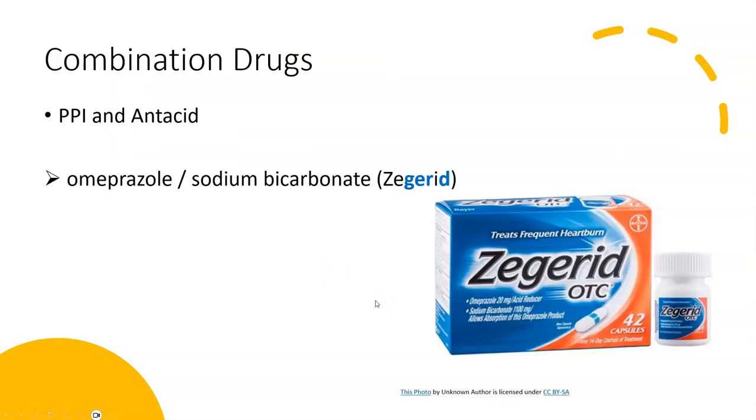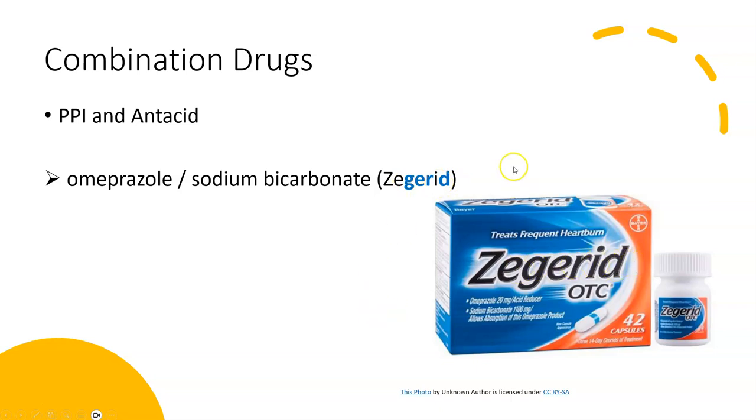Now, we do have combination drugs. So your book talks about Zegerid, which is a combination of a proton pump inhibitor, omeprazole, with an antacid, sodium bicarbonate. And your book talks about how they use the initials from GERD in the brand name to help make it identifiable.